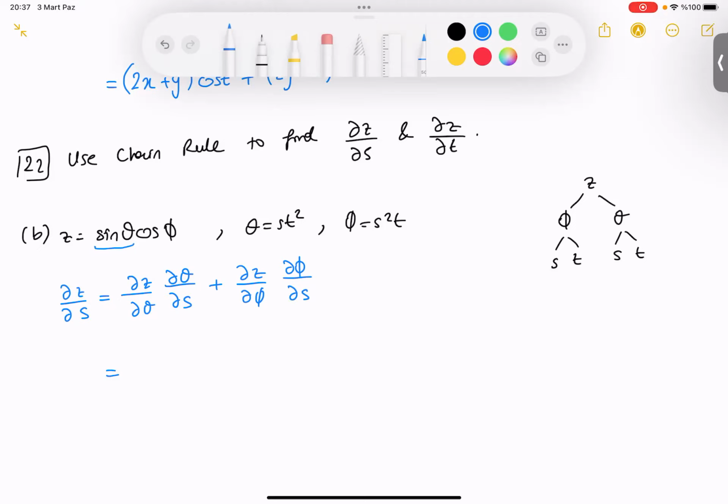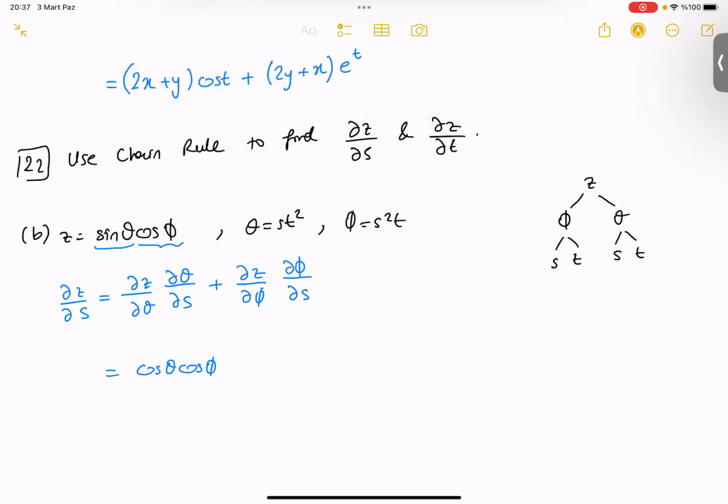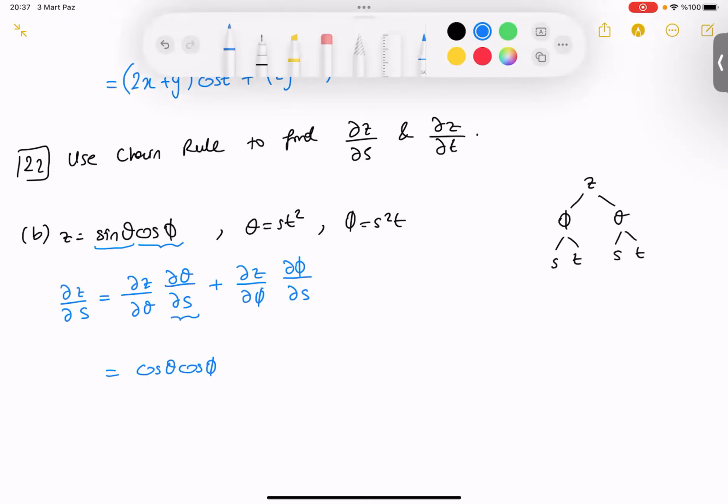So you take the derivative with respect to theta only and get cosine theta cosine phi. You see this value as constant, right? So that's why we have cosine phi as multiple times. Now we need to compute this one, d theta over ds. You see theta is given by this value, st squared. So the d theta over ds is equal to t squared.